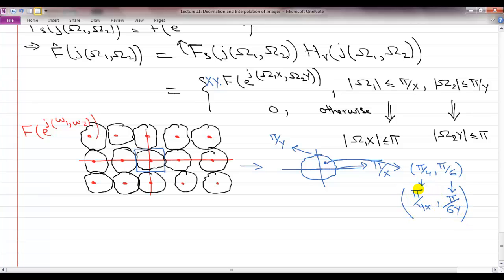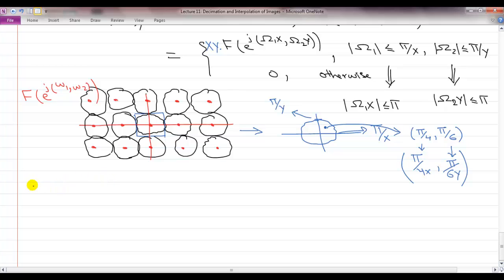Because every frequency in the original minus pi to pi region gets scaled, the x frequencies by 1 over X and the y frequencies by 1 over Y. So a frequency at pi by 4 in the x direction becomes pi by 4X, and a frequency at pi by 6 becomes pi by 6Y.